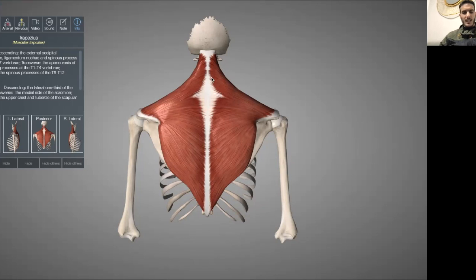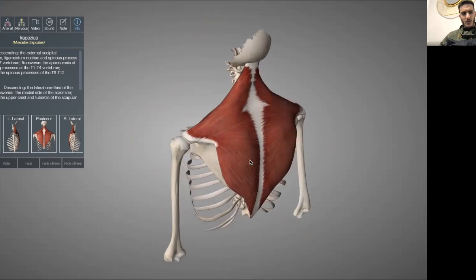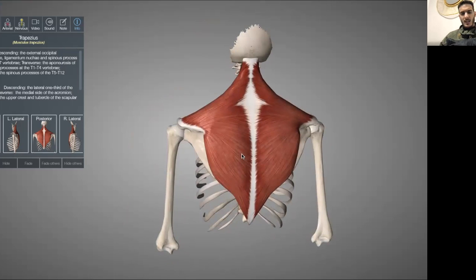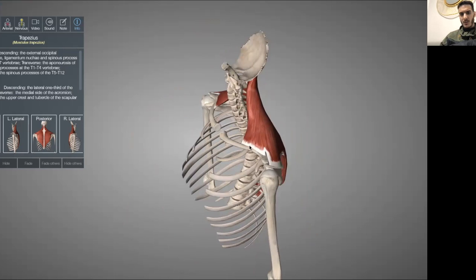The spinous processes of every sector of the vertebrae here are very important. You have to know exactly so that you know what you're describing. The insertions are very different. The descending one inserts on the lateral 1/3 of the clavicle, as you see here.